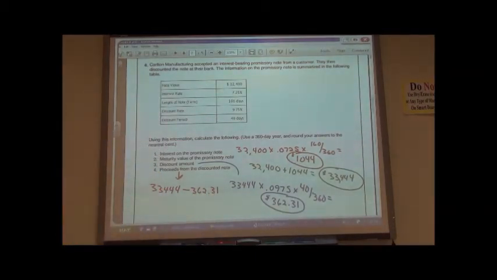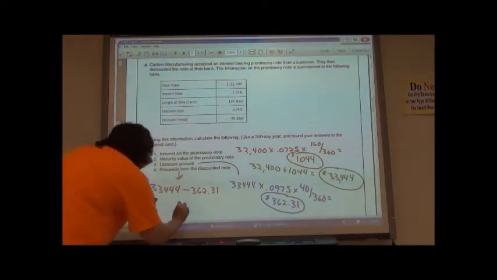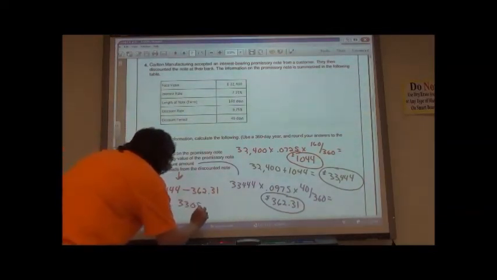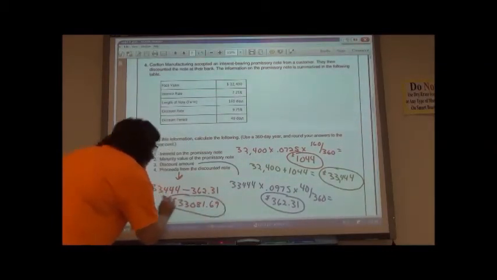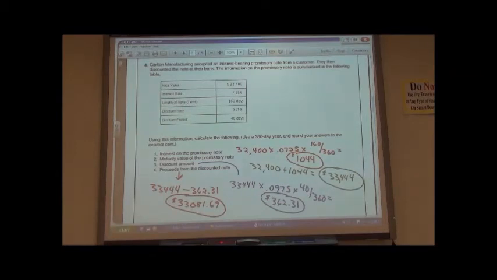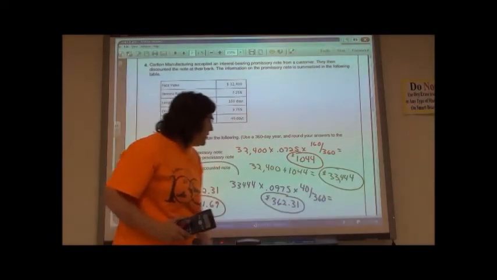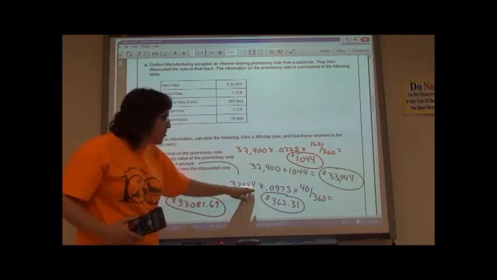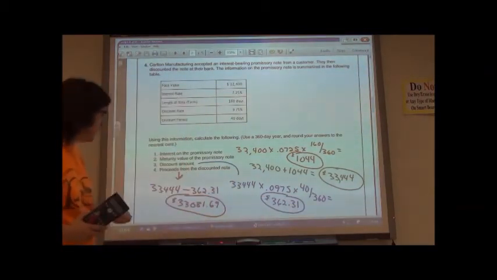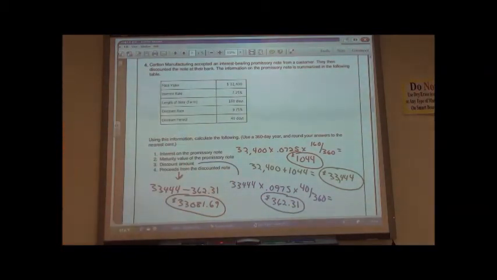And so if I subtract that, I get $33,081.69 for the actual proceeds that person would have received. So I calculate the interest, add the interest to my note, then calculate the discount on the total value of the note, and subtract the discount to get my proceeds.